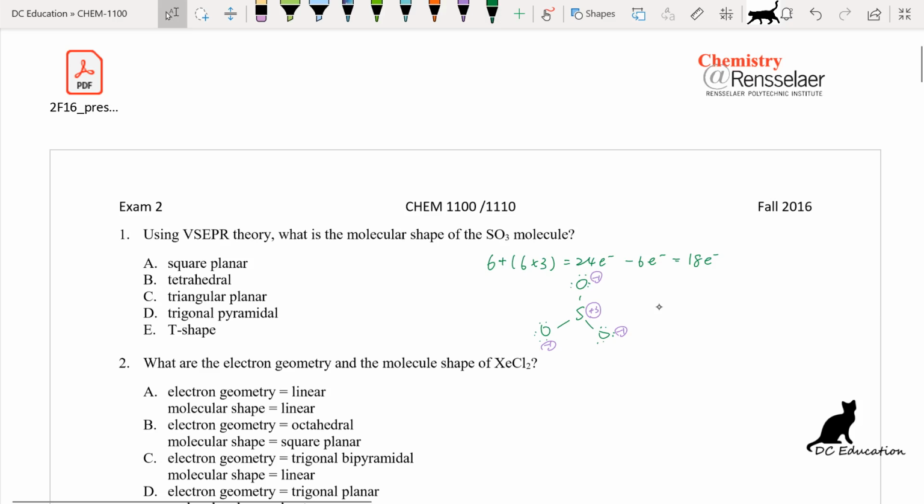So let's try to move one pair of electrons to the middle. Now the formal charge of this oxygen reduced to 0, and the formal charge of the sulfur reduced to +2. I guess we can do the same thing for each one over here.